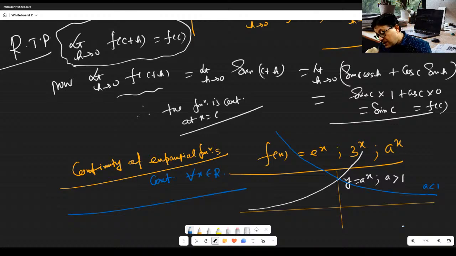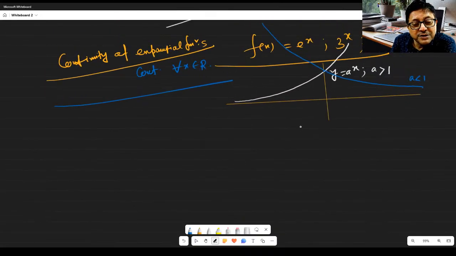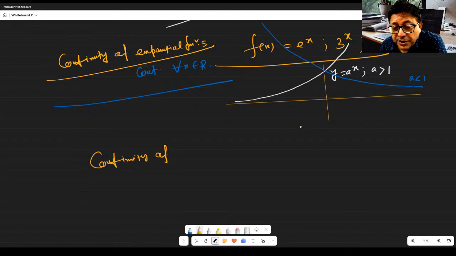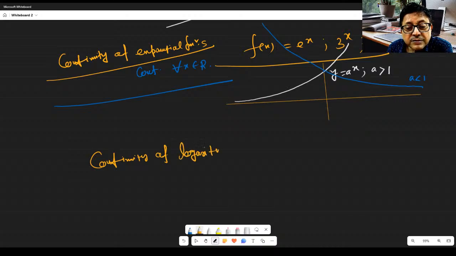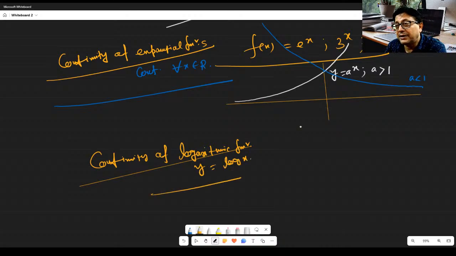Exponential functions are done. Let us go for logarithmic functions. Are they continuous everywhere? Let's see. For logarithmic functions, again the graph of the elementary function plays a vital role. So for continuity of logarithmic functions, see y equal to log x for any base. For x less than 0, it has no existence. For x equal to 0 also, it has no existence.